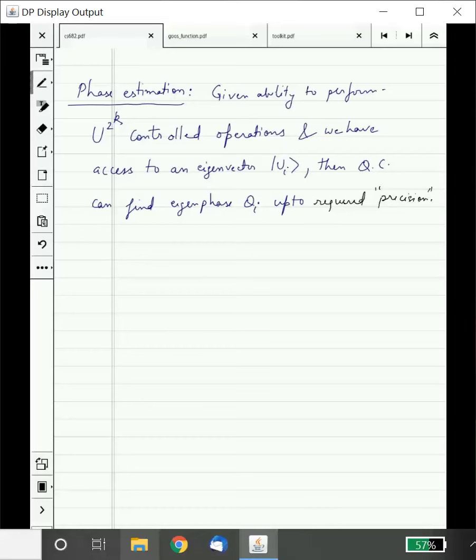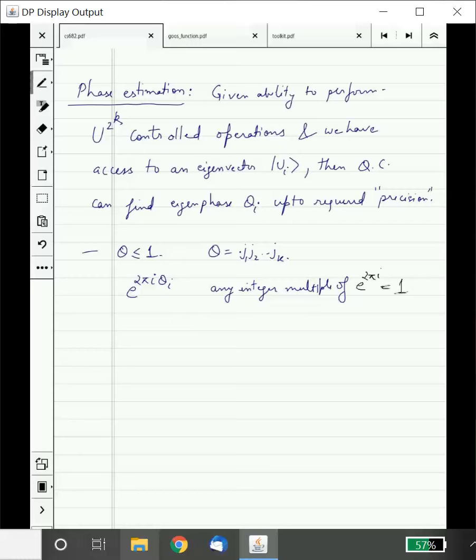Let me specify what I mean by required precision. Notice that theta can be assumed to be less than 1. In other words, I can say that theta is 0.j1 j2 ... jk. The reason being, remember, we talked about the eigenphase like this. That means any integer multiple of e to the 2 pi i is 1.